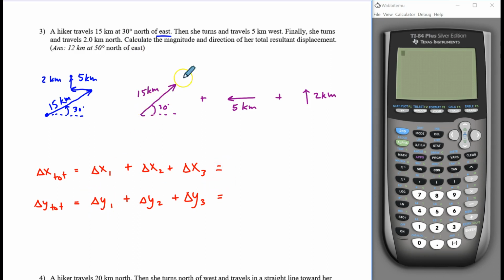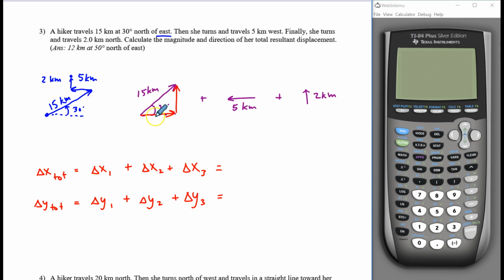Well, this first one's at an angle. How much of that 15 is on the x-axis? How much of that 15 is on the y? Or in other words, how far on the x does that 15 carry her? How far on the y-axis does that 15 carry her? The answer to this we find using our trig functions.